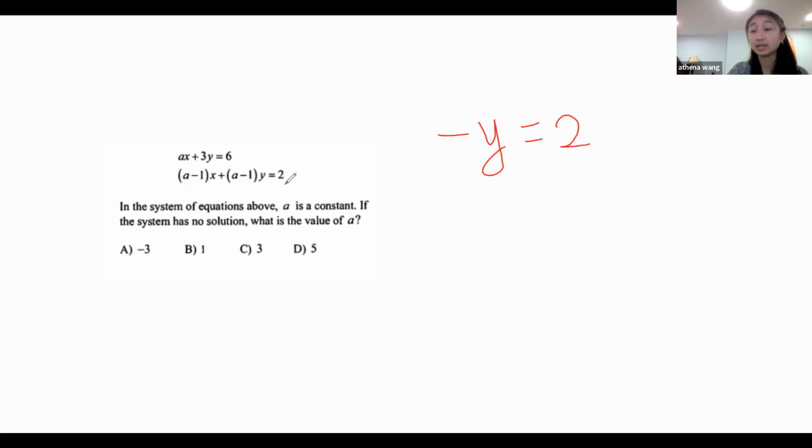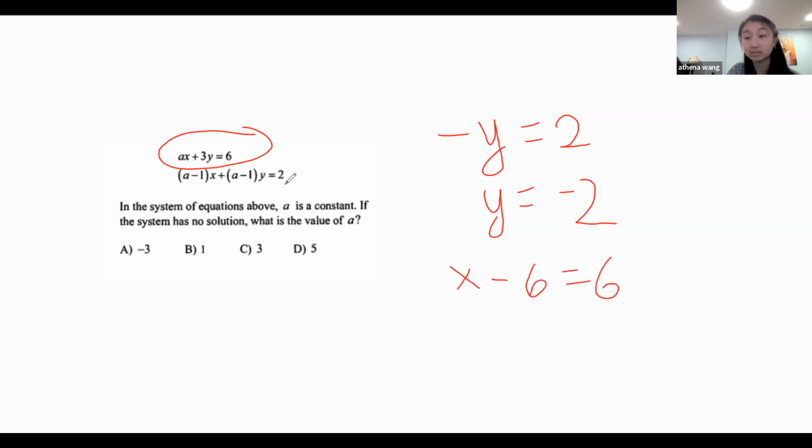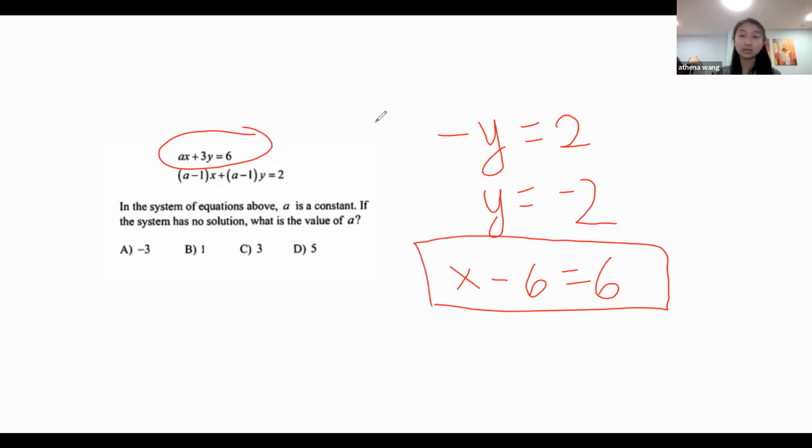And then if we have negative y equals 2, we have that y equals negative 2, and then we can find a solution to here. If we have x minus 6 equals 6, and so we have x equals 12, and that is a solution. So we just need that the slopes are equal. Okay.